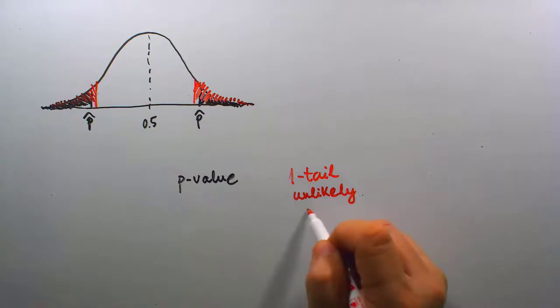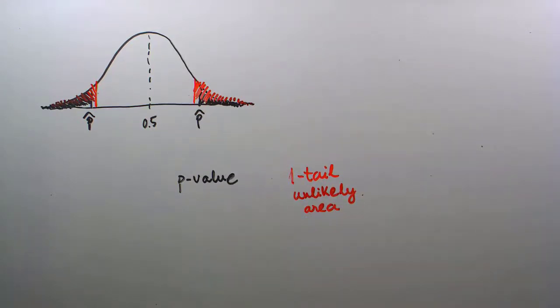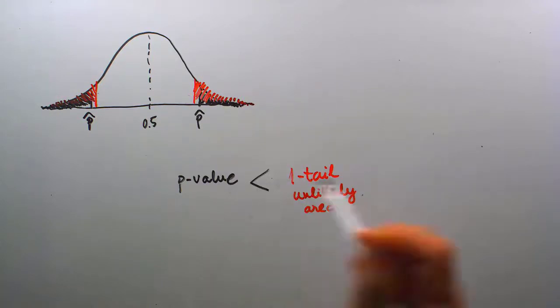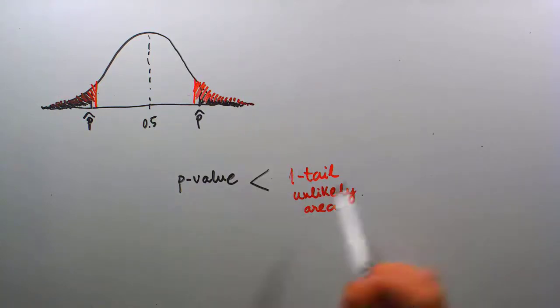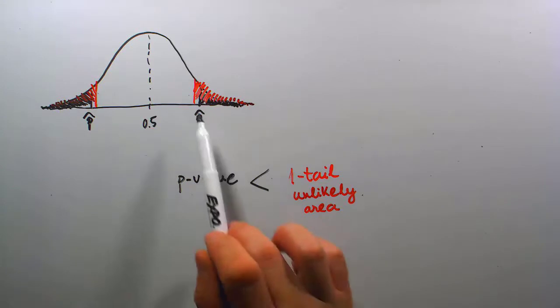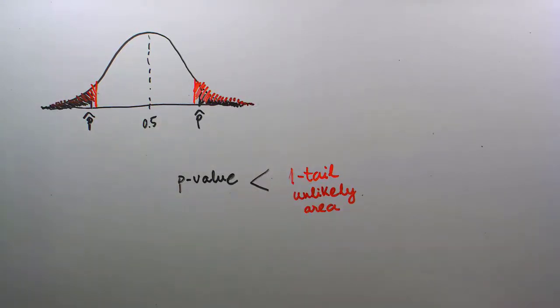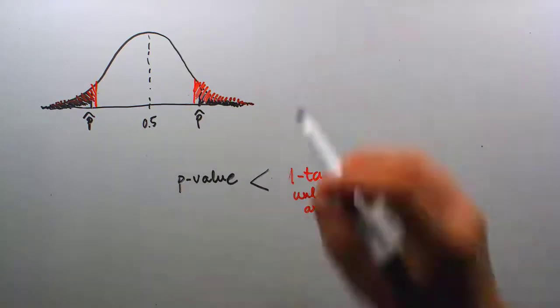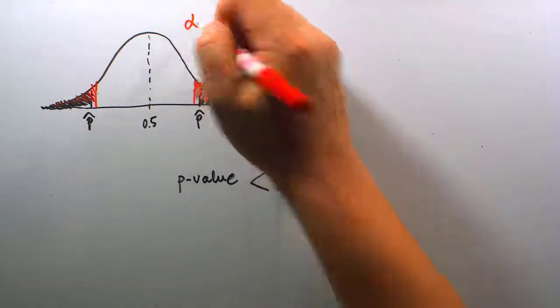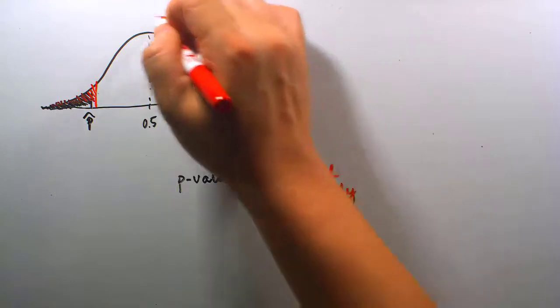One-tail unlikely area, and the p-value as a black area: once it falls below or is less than the one-tail unlikely area, then we're saying that our sample falls into that particular sided tail. But now since we're in a two-tail test, recall from what I mentioned earlier that in a two-tail test, the significance level is the total area outside of the common area.